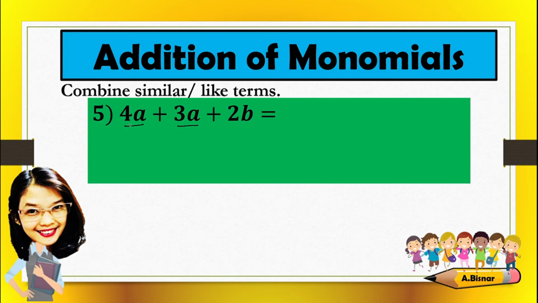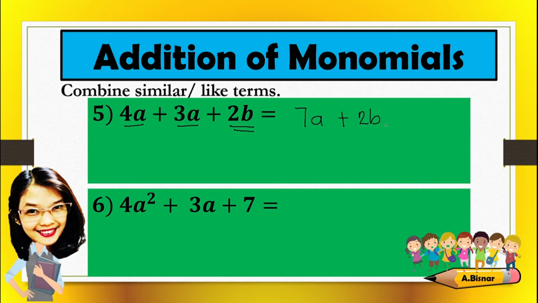So let's add 4a and 3a. We will have 7a. Now what will happen to 2b? We will just copy 2b. And therefore, the final answer is 7a plus 2b. Why is it so? Because we cannot combine a to b because they are unlike terms.